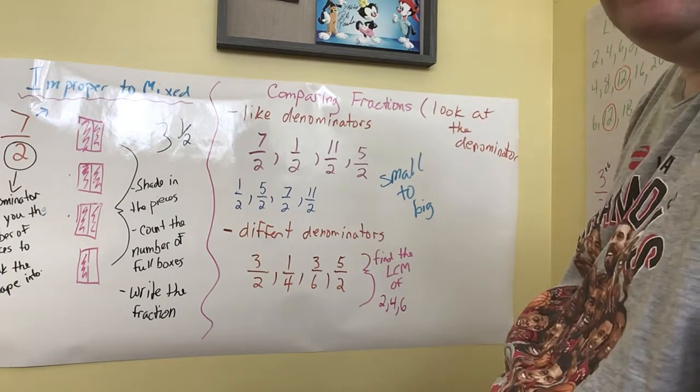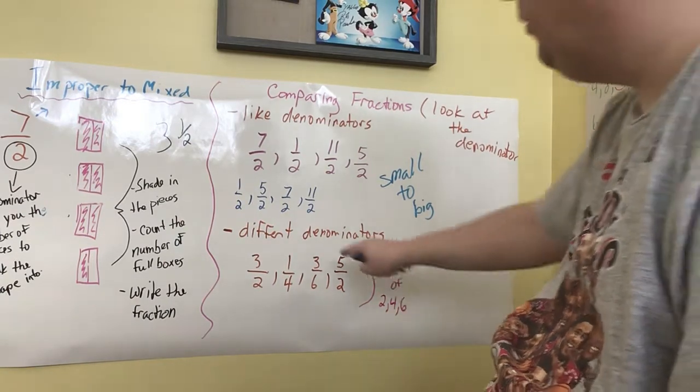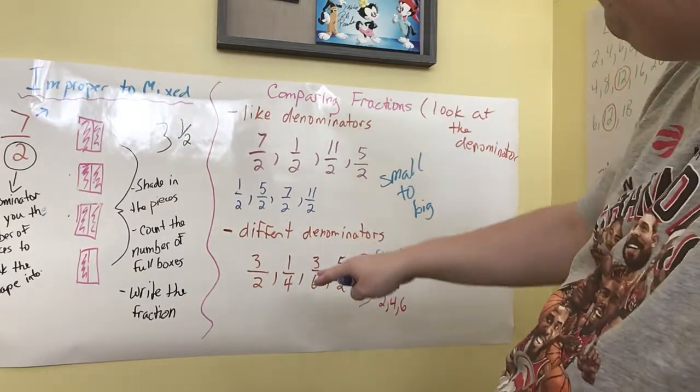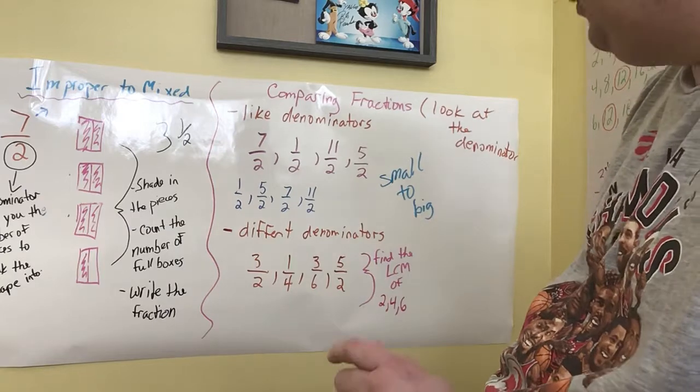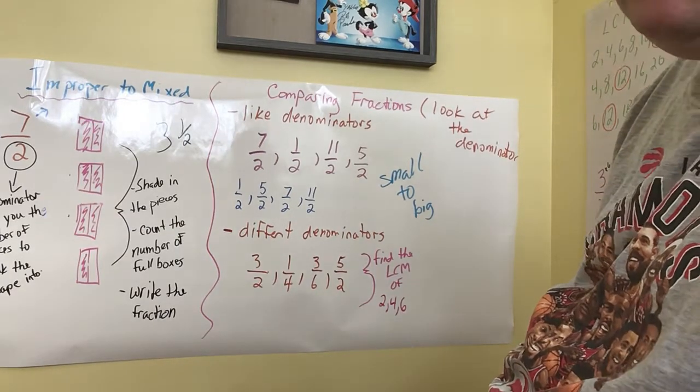Those are easy ones to do. The tough one is the ones with different denominators. So in this example, I have 4 fractions. I have 3 over 2, 1 over 4, 3 over 6, and 5 over 2.